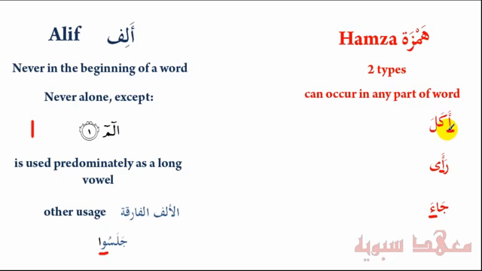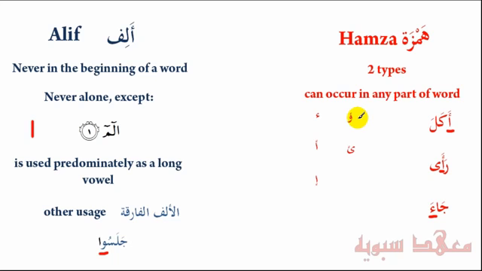The Hamza is written in a number of ways, as opposed to the Alif. The Alif is only written like this. The Hamza can be written in these ways: on its own, on top of the Alif, on the bottom of the Alif, on top of the Ya and the Waw.